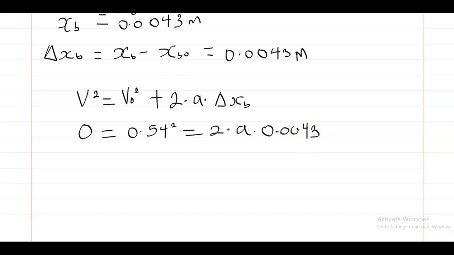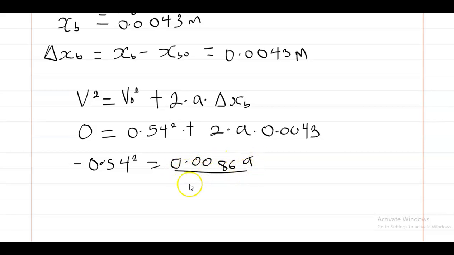All right. Oh, that is a positive. So we can subtract 0.54 squared from both sides. So 2 times 0.0043 gives us about 0.0086.